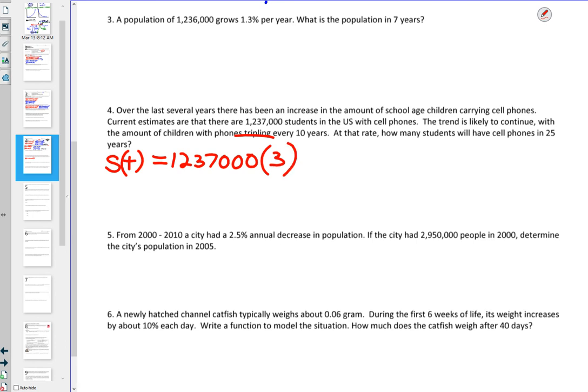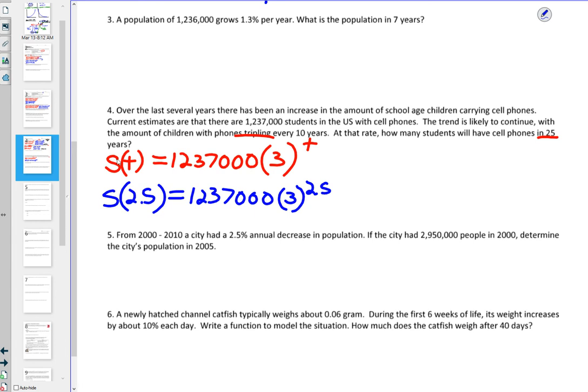The growth factor is already 3. But it triples not every year, it triples every 10 years. So what we want to know is how many times does 10 years fit into 25 years? For now, I'll just put time, but once I plug it in, 25 divided by 10 is 2.5. There's 2.5 cycles that we're measuring. So times 3 to the 2.5, and you can knock that in all at once in your calculator.